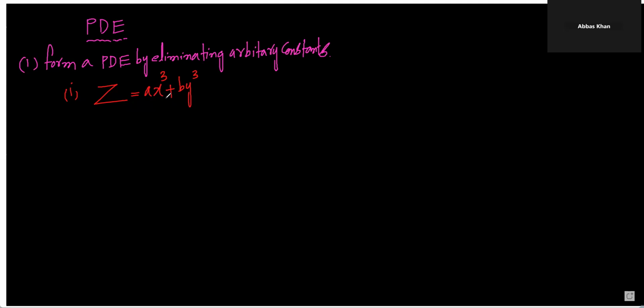Now how do we differentiate it, and what terminology do we use there? Solution, you can see that. Take equation number 1. Now here we differentiate this one partially with respect to x.